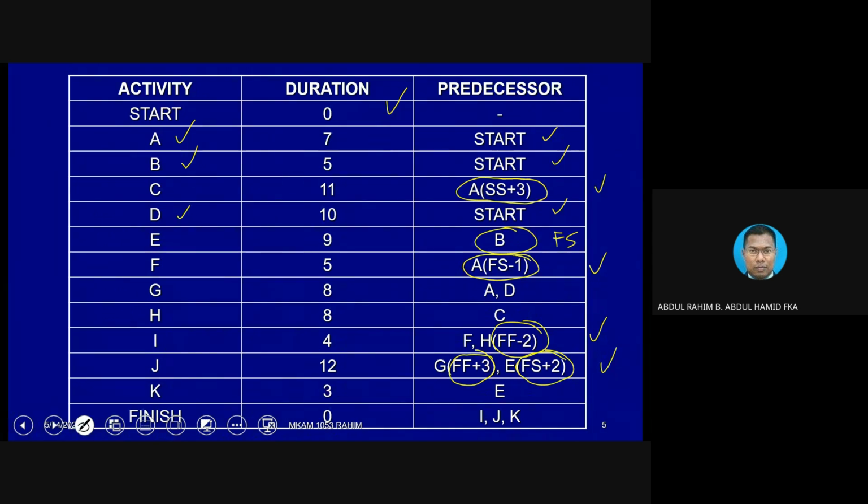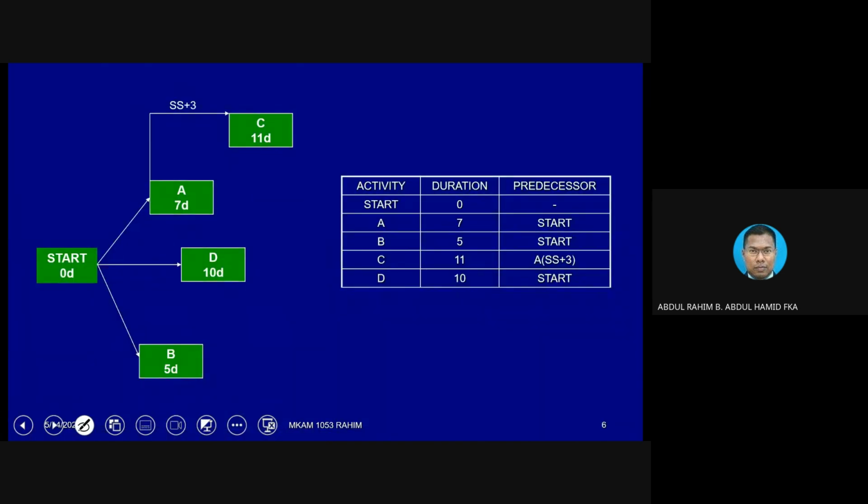We are going to draw the diagram bit by bit. Start, A, B, C, D. So we draw Start, and then A somewhere here, and then B down here.